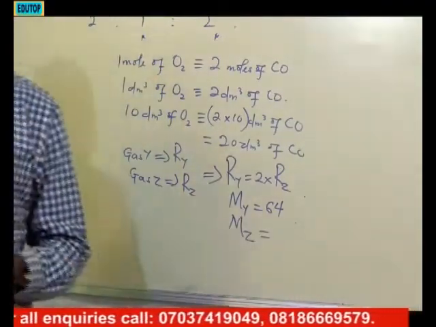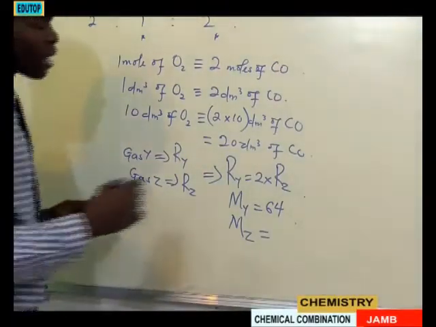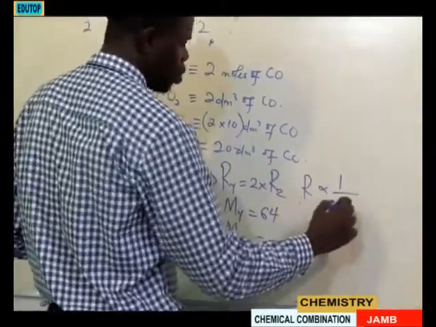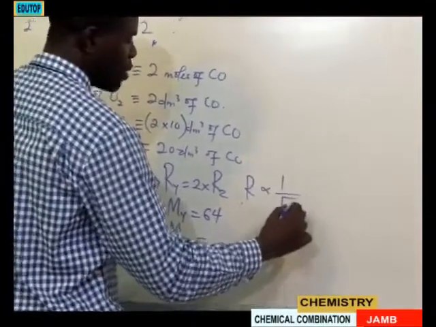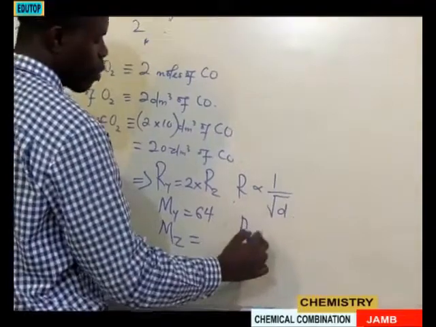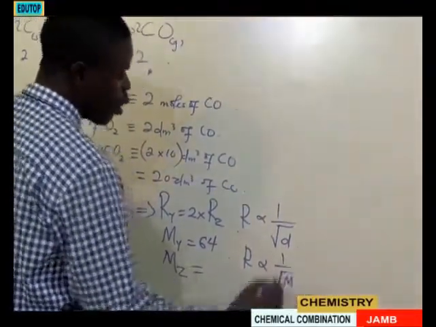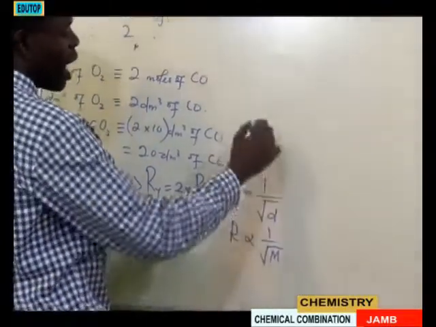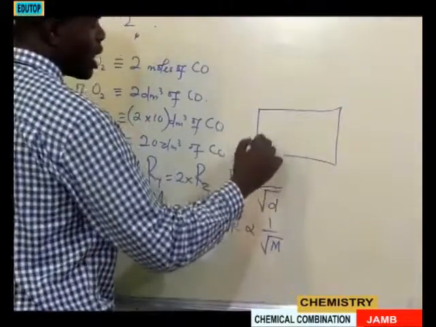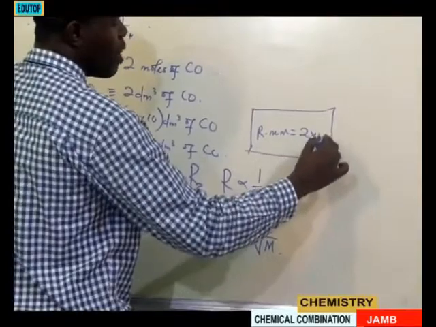In this situation, it's talking about what? Graham's law of diffusion, which states that the rate of diffusion of a gas is inversely proportional to the square root of density. So if it is proportional to the square root of density, definitely it will also be proportional to the square root of what? Relative molecular mass, because there is a relationship between density and relative molecular mass. At this point, it is pertinent to note that relative molecular mass is 2 times vapor density.